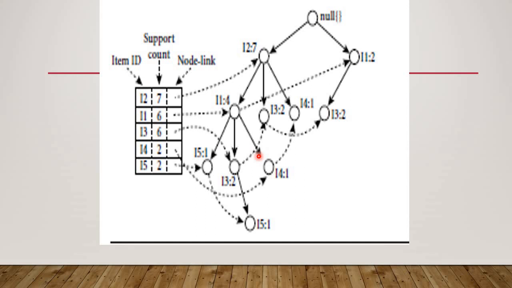So if I have to do that, then I have to go on finding all the elements that are present in the header table. So what it says is that if a tree has got multiple paths, then you have to traverse through every element that is present in the header table, and you can consider that path only if its support is greater than the minimum support, and the count of that path will be equal to the count that is present at the beta node.